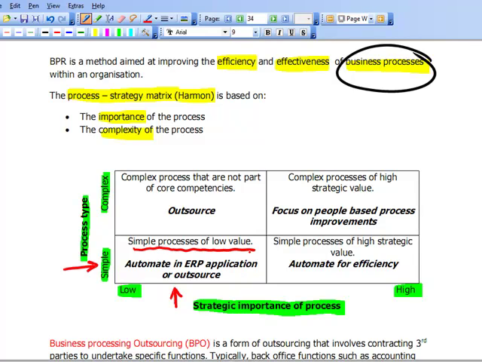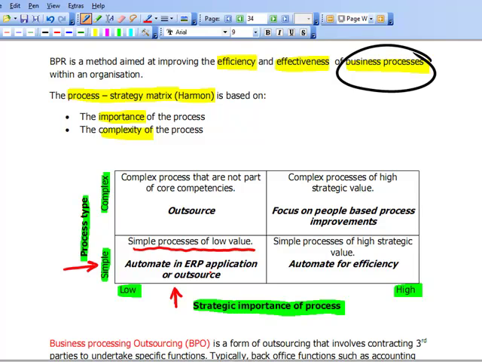What should we do? We should automate or outsource. So in other words, we don't want to get too involved in that. It's relatively simple. We can automate it as much as possible. We don't want to spend a lot of time on this process. So that kind of makes sense. It's not very important and it's not complex, it's simple, so let's automate it or outsource.